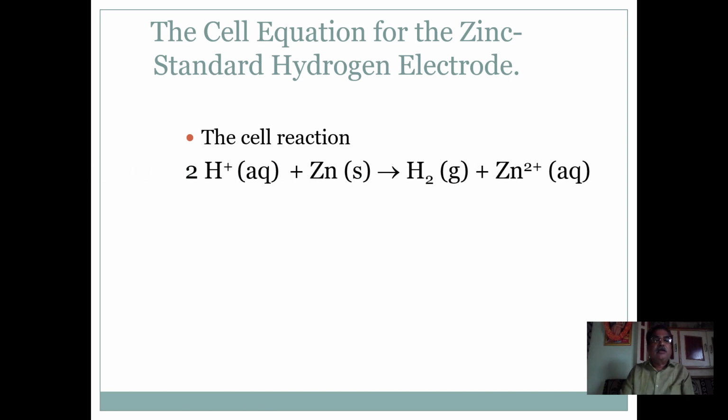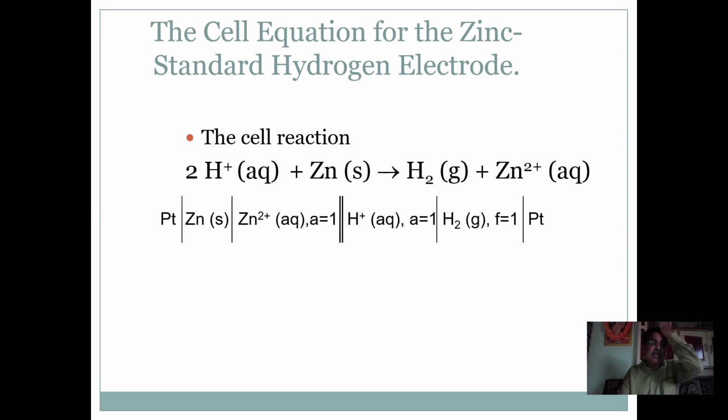In this cell, H⁺ ion reacts with zinc solid, producing H2 gas and Zn²⁺ ion. That is, zinc undergoes oxidation while hydrogen undergoes reduction.